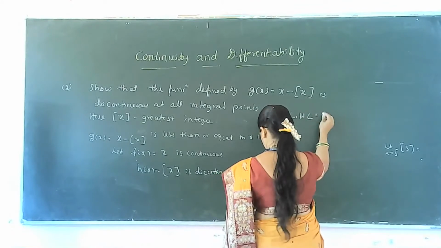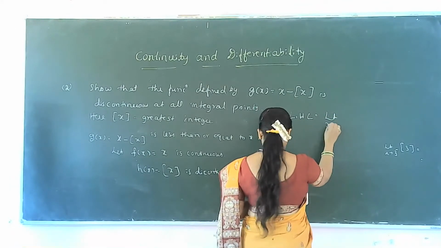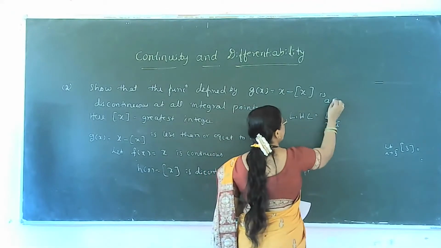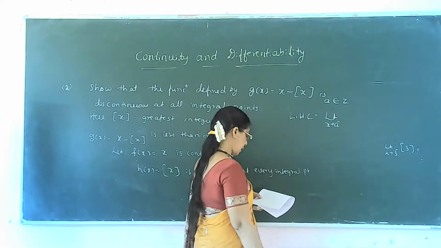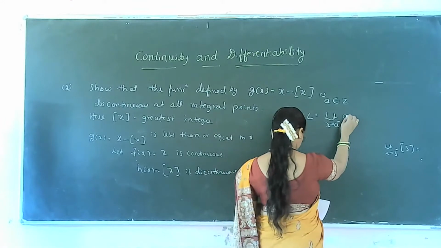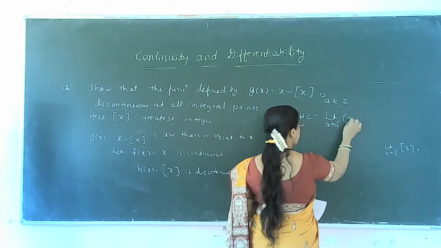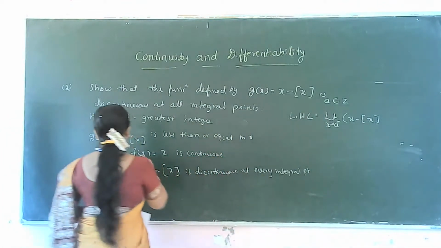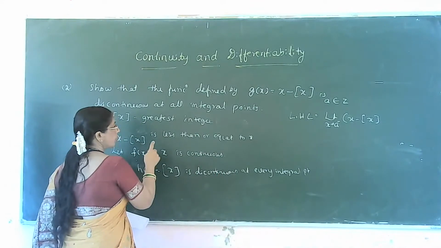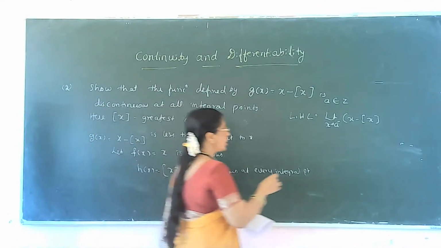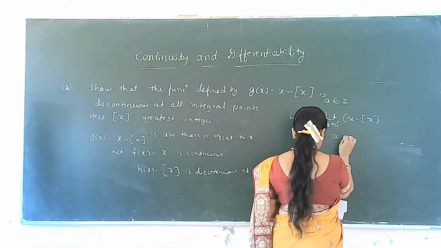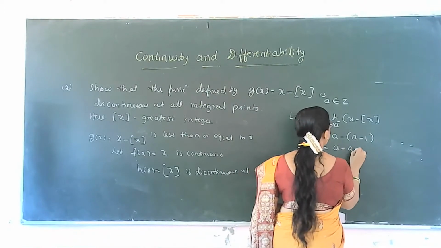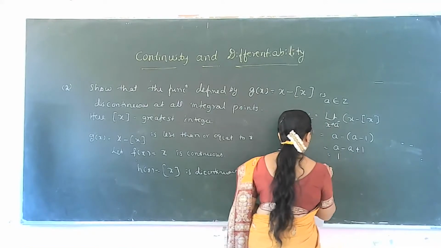LHL is equal to the limit of x tends to a minus, where a is an integer belonging to Z, of x minus the greatest integer function of x. The LHL, limit x tends to a minus of x minus the greatest integer function, is equal to a minus (a minus 1), which is equal to a minus a plus 1, which is equal to what?